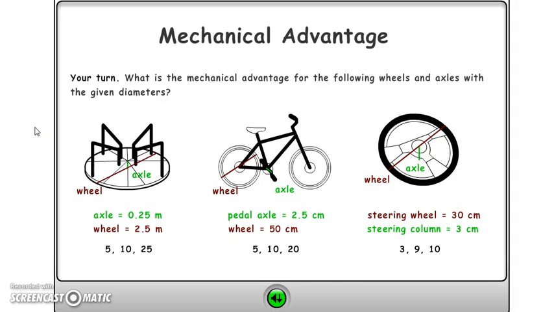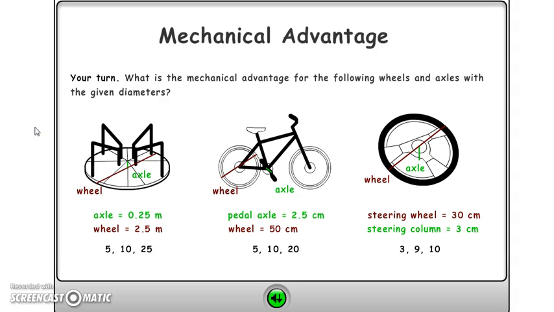Okay guys, so it's your turn now. Let's see if we can solve these problems and find out what the mechanical advantage is. If we look at the merry-go-round, it has a wheel diameter of 2.5 meters and an axle diameter of 0.25 meters. How do we find the mechanical advantage? It's the diameter of the wheel divided by the diameter of the axle.